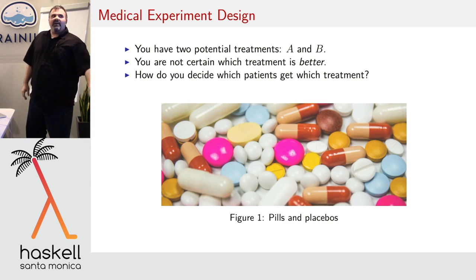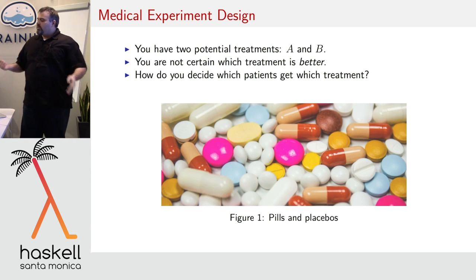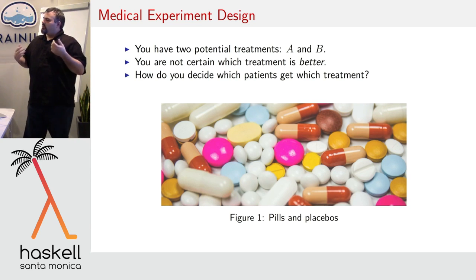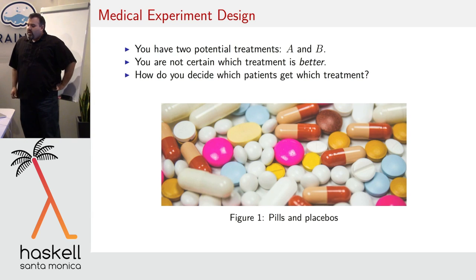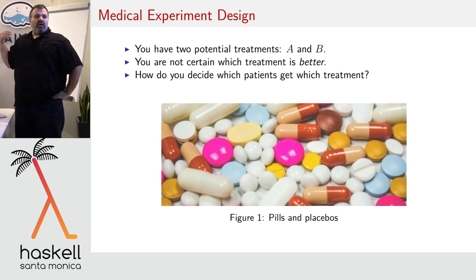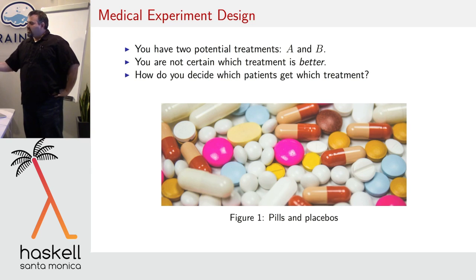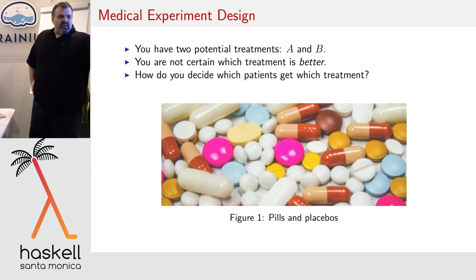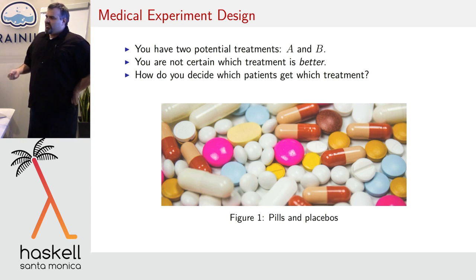And how do you decide which patients get which treatment? Two competing treatments, you don't know which is better. How do you decide which patient gets which treatment? A typical example comes up when we do medical research that has placebos versus active ingredient drugs, actual medicine. You might say, why are we comparing a medicine against a placebo?